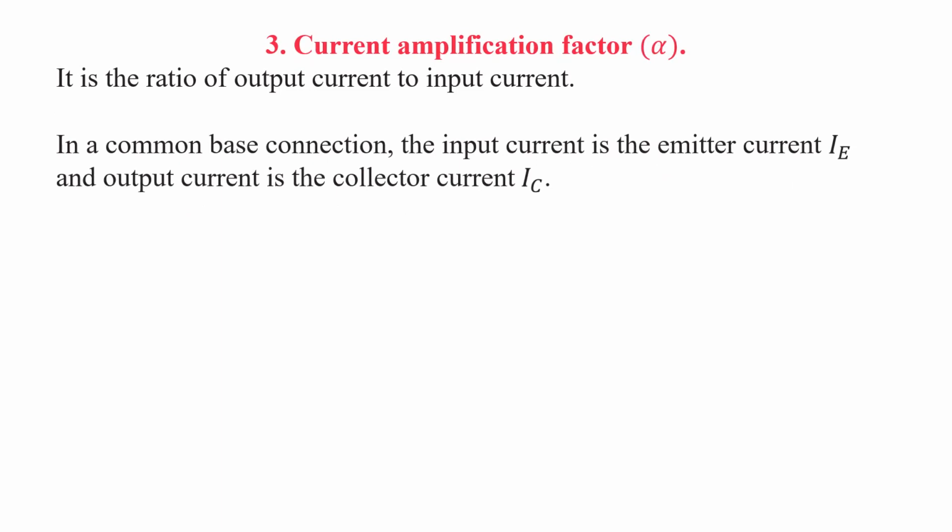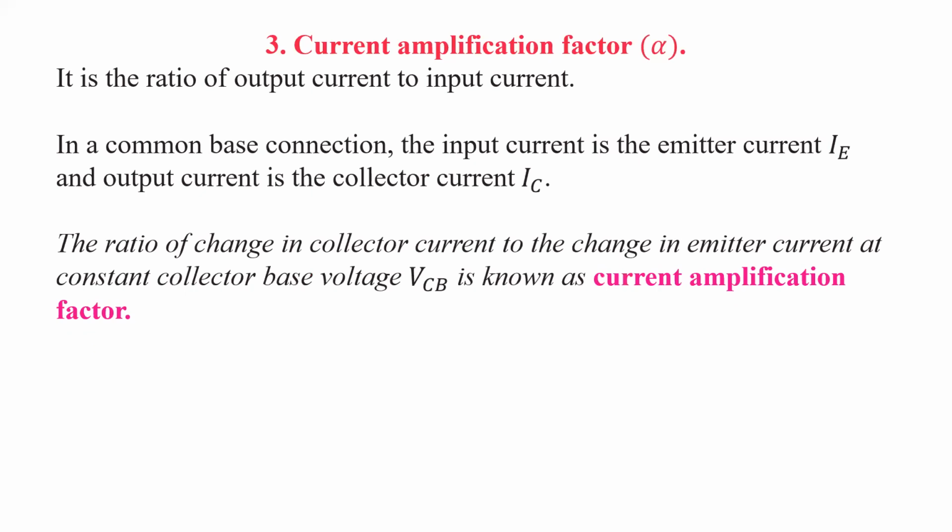In common base mode, the input current is the emitter current IE and the output current is the collector current IC. So according to the definition, the current amplification factor is defined as the ratio of change in collector current to the change in emitter current at constant output voltage, that is collector base voltage VCB.